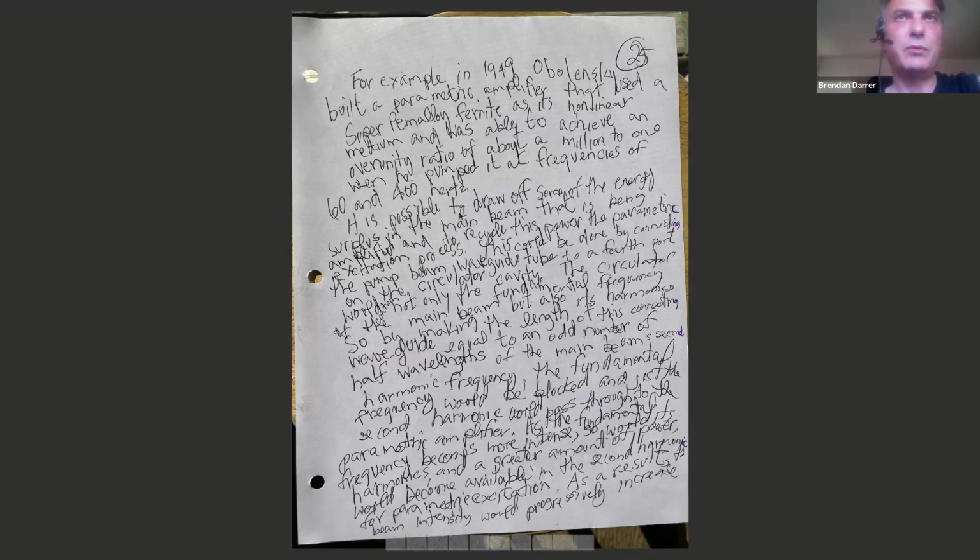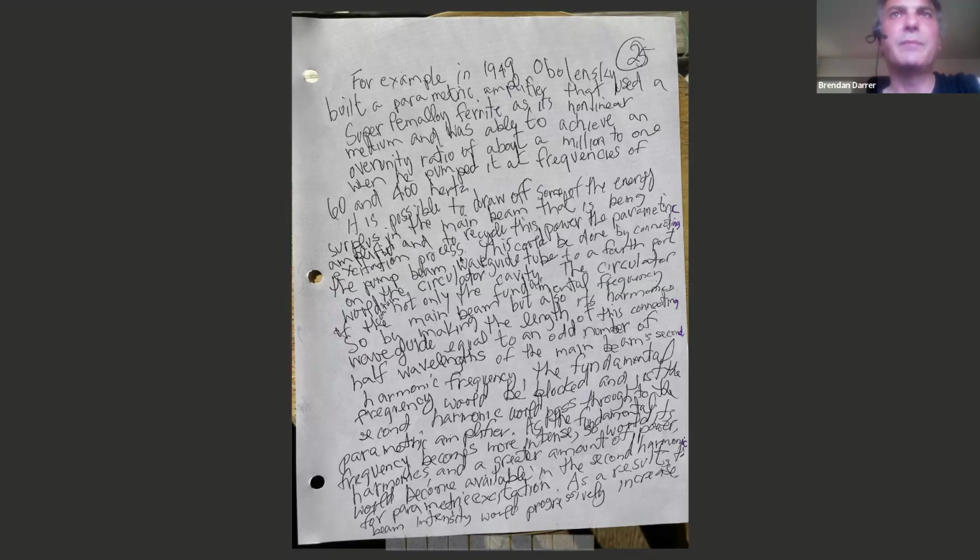It is possible to draw off some of the energy surplus in the main beam that is being amplified, and to recycle this power, the parametric excitation process.